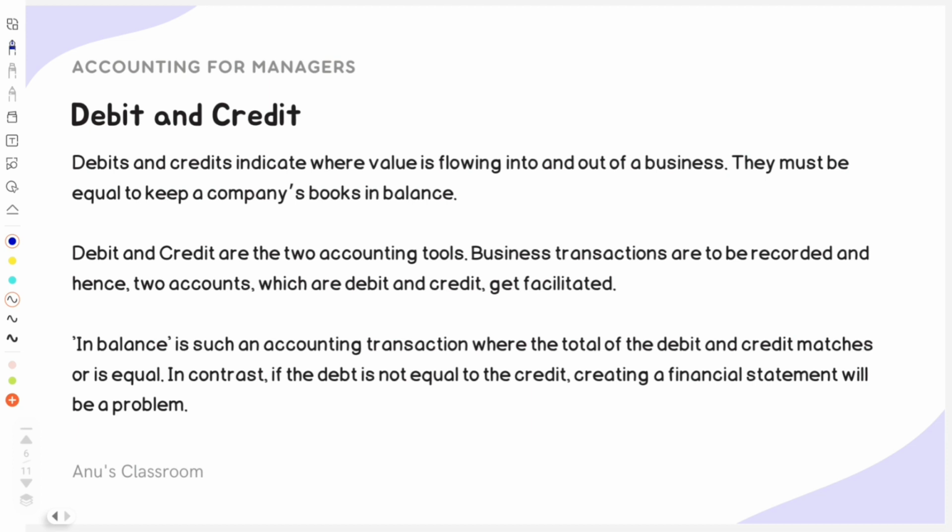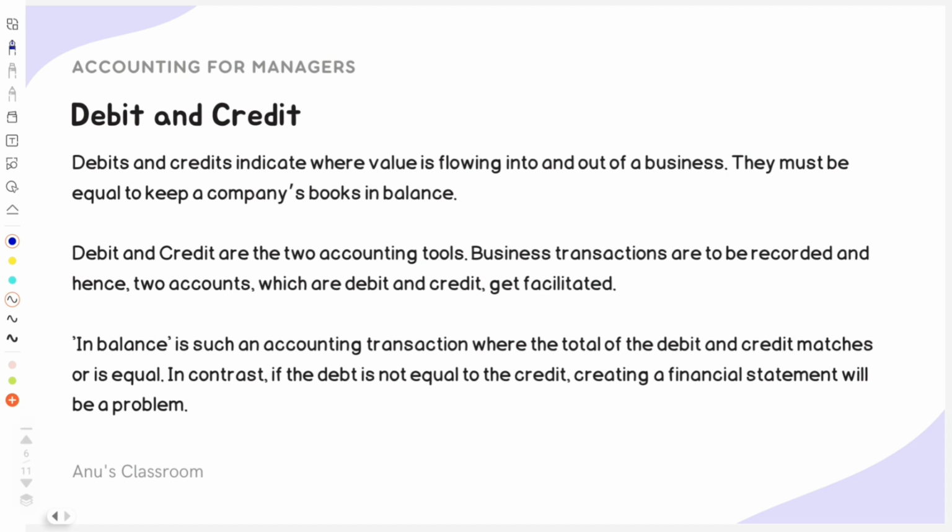So as we said, debits and credits indicate where value is flowing into and out of a business, and it should be equal. In a particular transaction, if I put a value of 25,000 on the debit side, then the credit side of the transaction should also have an equivalent 25,000. They must balance, they must be the same and equal, to keep the company's books in balance.